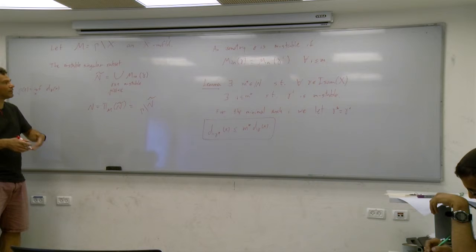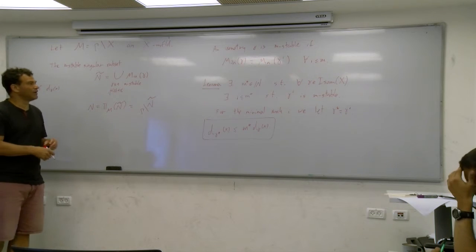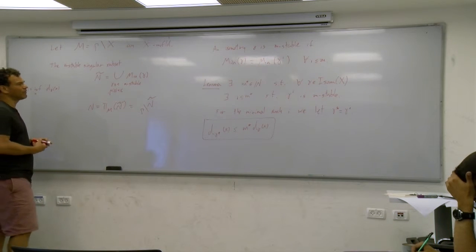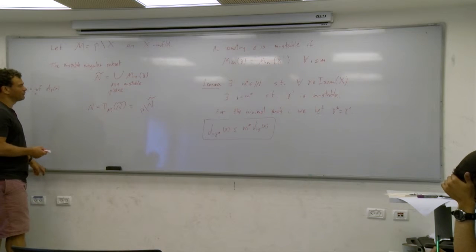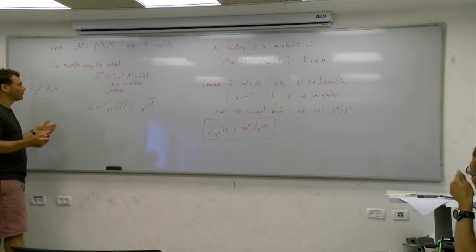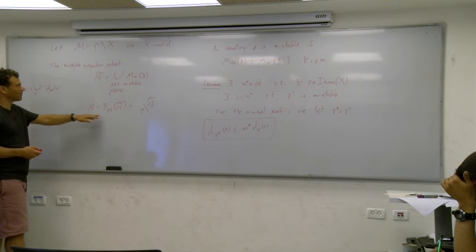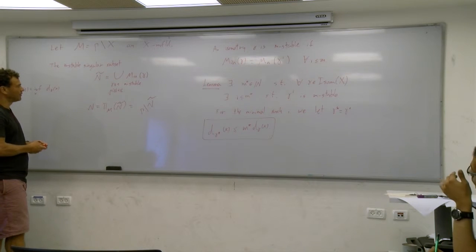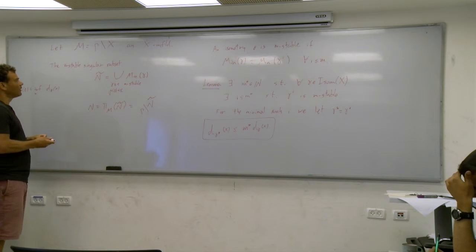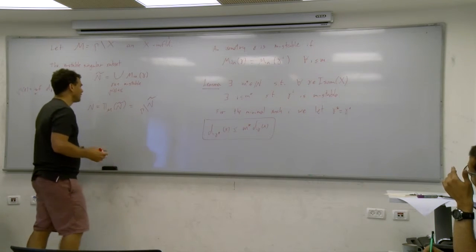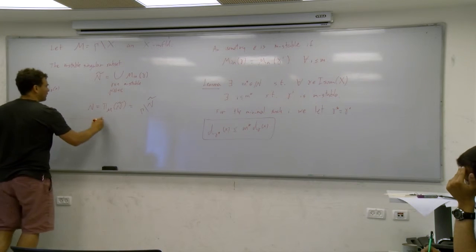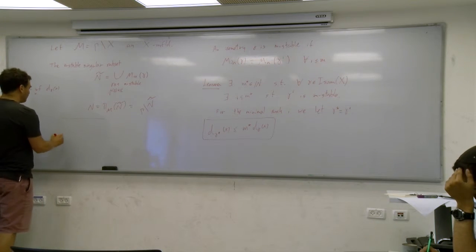It's not a connected set, and the quotient is also not necessarily connected. But this is the N tilde. And then there are two results. Okay, now I define the stable thick part.